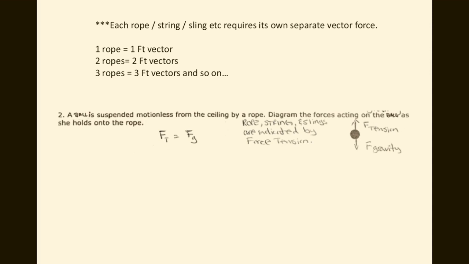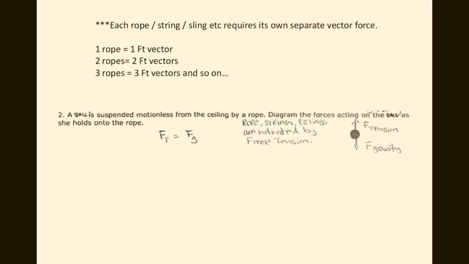The force for a rope, a string, or a sling, such as the stuff for your backpacks, purses, whatever, is indicated by force tension. So think about the word tense, and if someone's tense, they're tight. So if you can use something to tighten up, such as a string, sling, rope, whatever, then that's force tension. And in this case, the disco ball is suspended motionless from the ceiling by a rope.